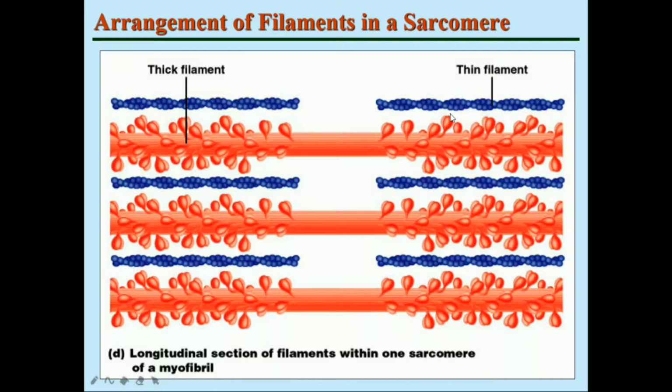But as you can see, if these myosin heads interact with the actin filament on this side, and if these myosin molecules interact with the actin filament on this side, when the heads of the myosin molecules start flexing, you can imagine that this actin filament will be pulled towards the center of the myosin filament. These actin filaments will also be pulled towards the center, and thus the actin filaments from the two sides will be brought towards the center of the myosin filaments, and that will cause the shortening of the muscle.